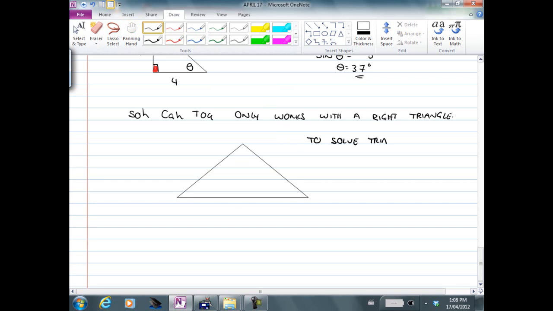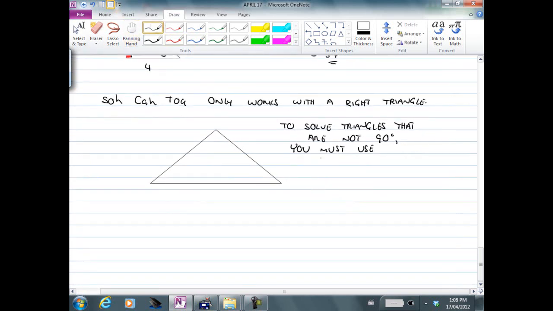Triangles that are not 90 degrees, you must use something else. There's two methods of solving this. I'm going to show you the first method today. The first, most commonly used one is something called the sine law.